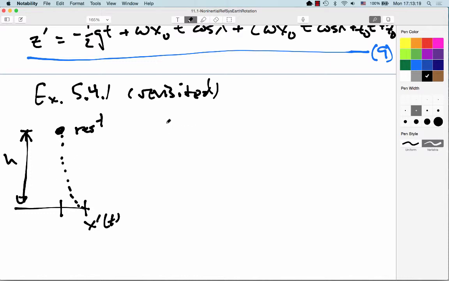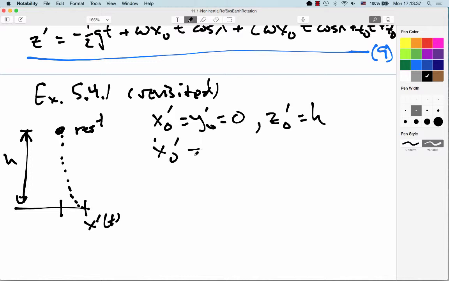Since we're dropping from rest, we can choose our coordinate down here, probably makes the most sense. So our initial x naught prime and y naught prime are both 0. Z naught prime is h. We're dropping from rest, so we can say x naught dot prime equals y naught dot prime equals z naught dot prime equals 0.